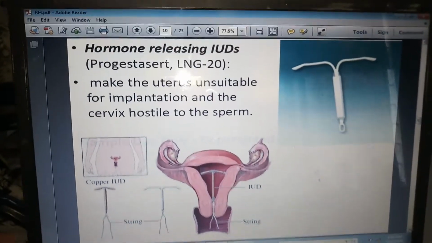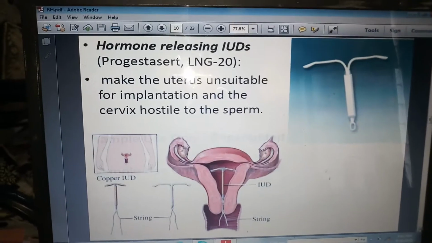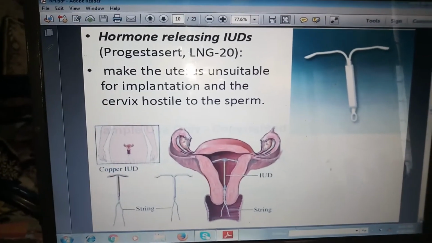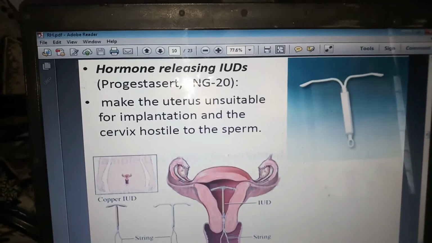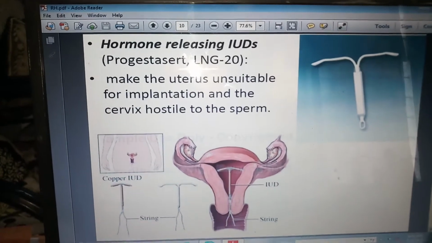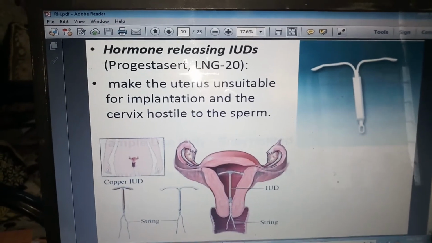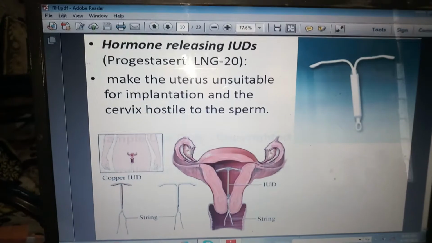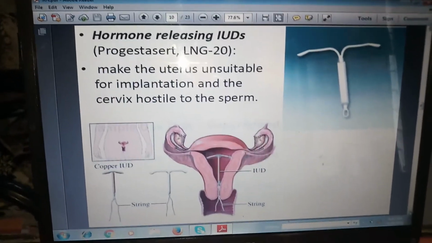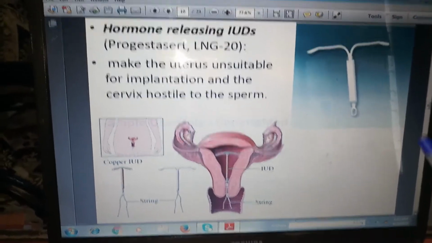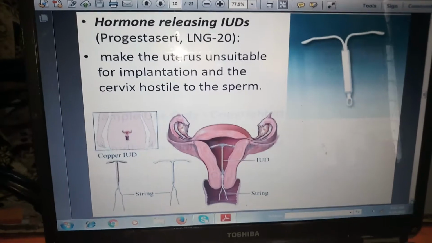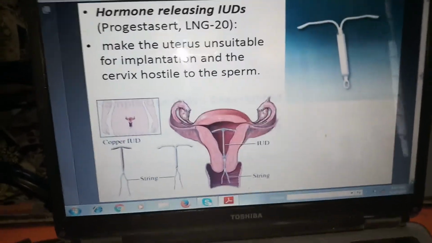Progestasert and LNG 20 are examples of IUDs that are hormone releasing. They make the uterus unsuitable for implantation and the cervix hostile to sperm. It means these IUDs, when inserted inside the female tract, make the uterus unsuitable for implantation and the cervix hostile to the sperm.